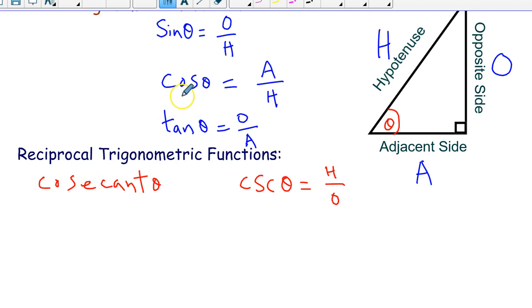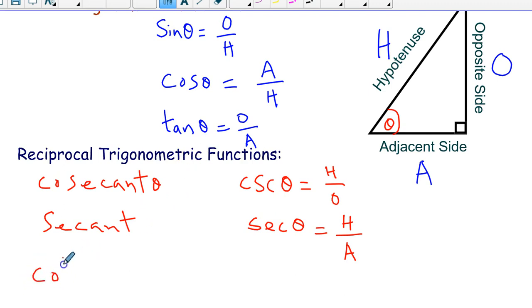Similarly, the reciprocal of cosine is secant. In short, you write it as SEC. Secant theta is equal to the hypotenuse over adjacent side. And the third, the reciprocal of tangent, is cotangent.